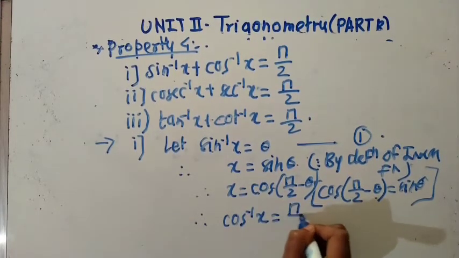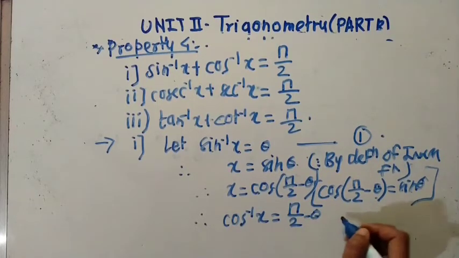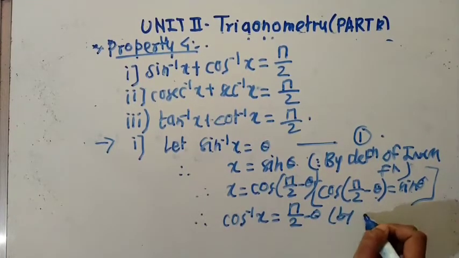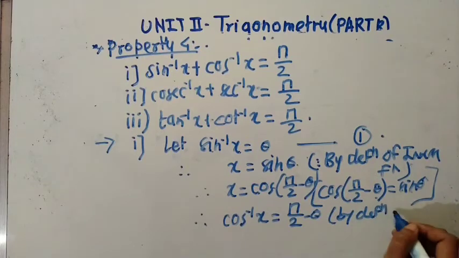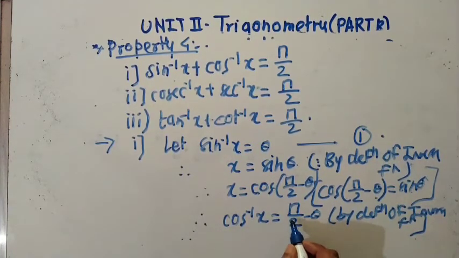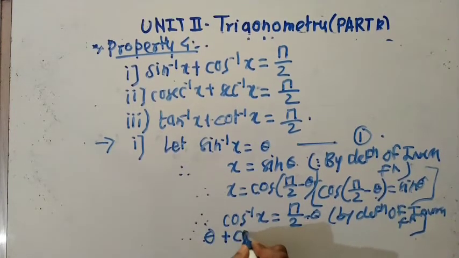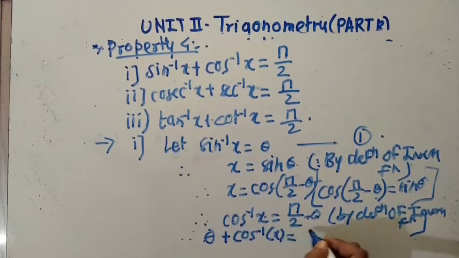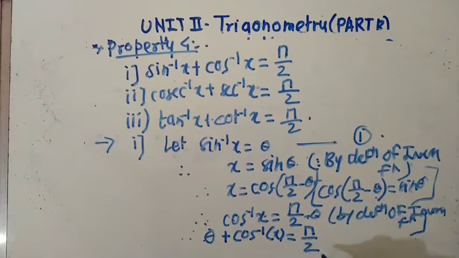is equal to pi by 2 minus theta by definition of inverse function. Then here the minus theta goes to the other side, plus theta, so theta plus cos inverse of x is equal to pi by 2.